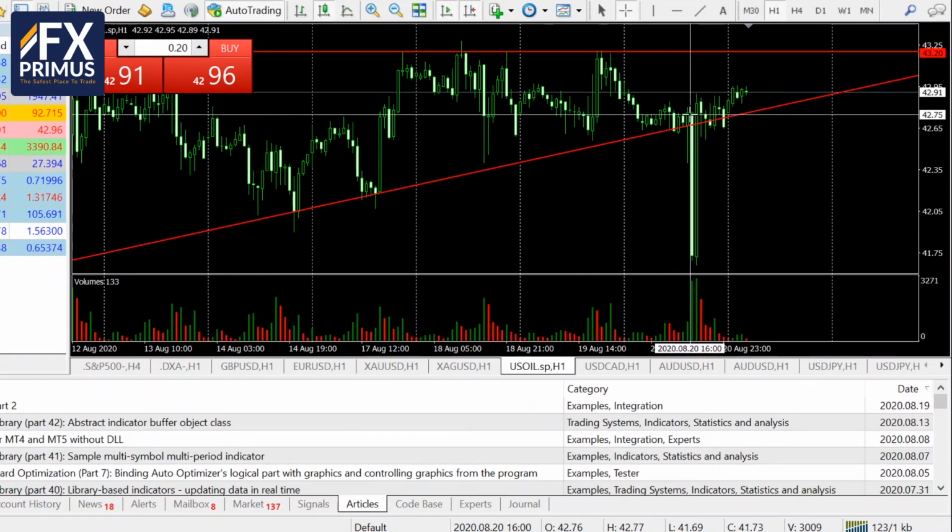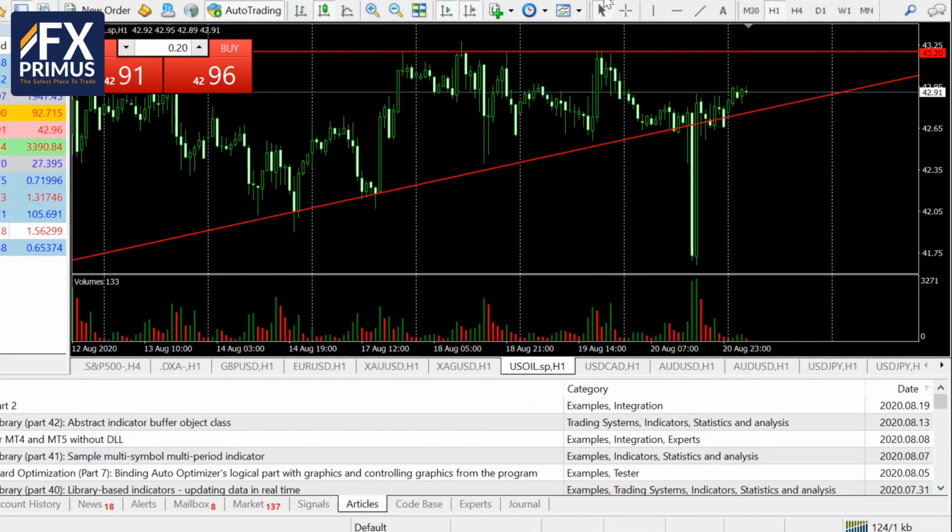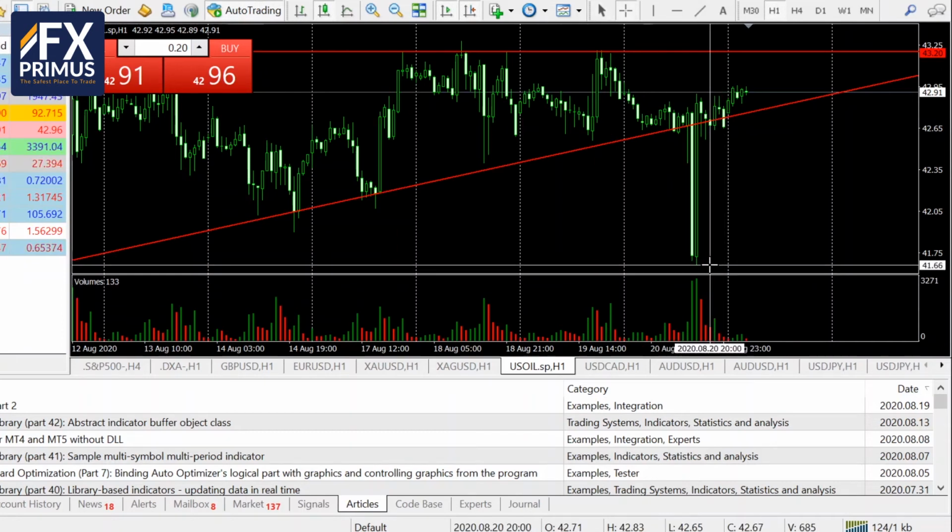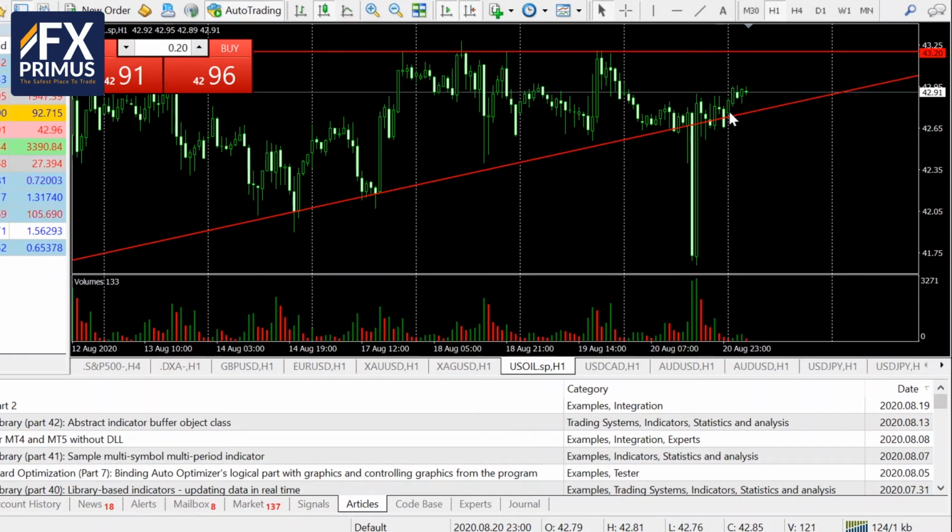It spiked down from $42.75 all the way to a low of $41.67, about $1.08, before having a very speedy recovery back up again. And currently it is again consolidating.